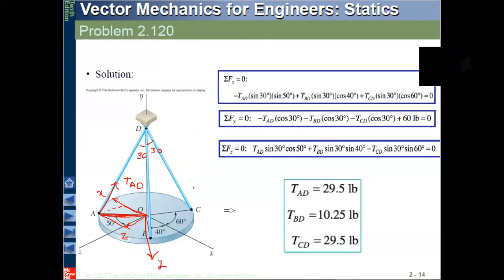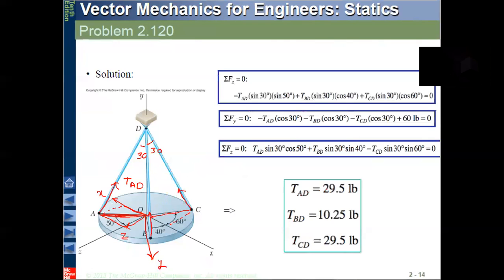And you can do the same for BD, but this time this has positive sign. So TBD sine of 30 would get the projection, and multiplying by cosine of 40 would lead to the x component. And you have TCD, which also has positive x component, and multiply it by sine of 30 to get the projection, and then multiply it by cosine of 60.